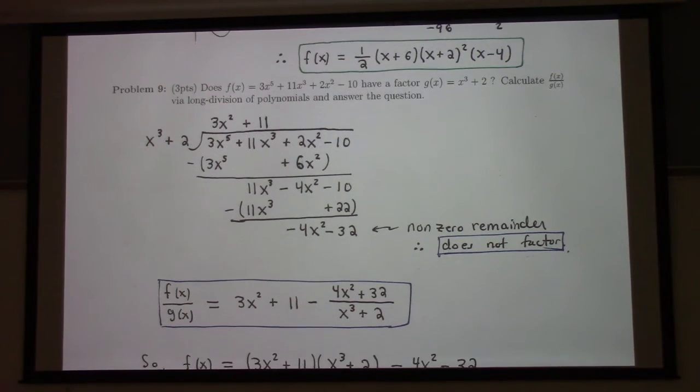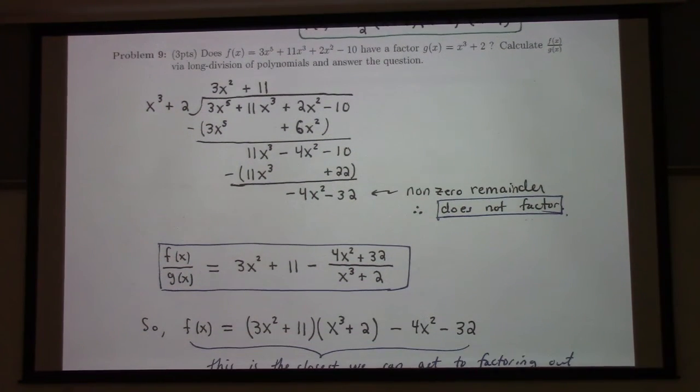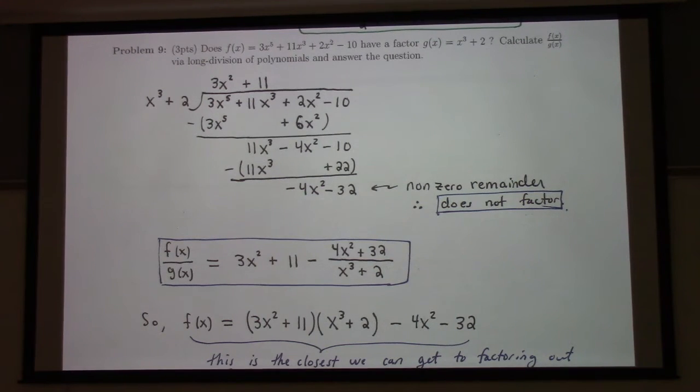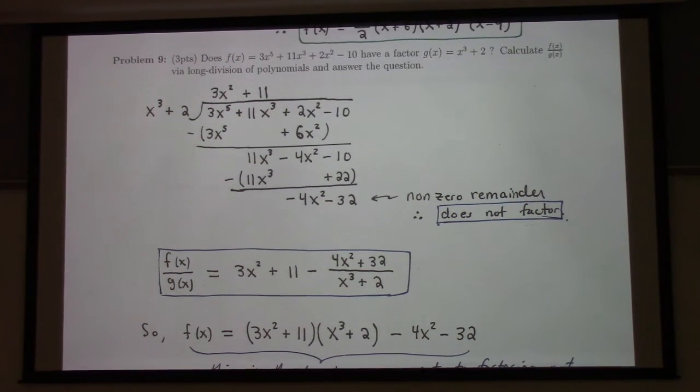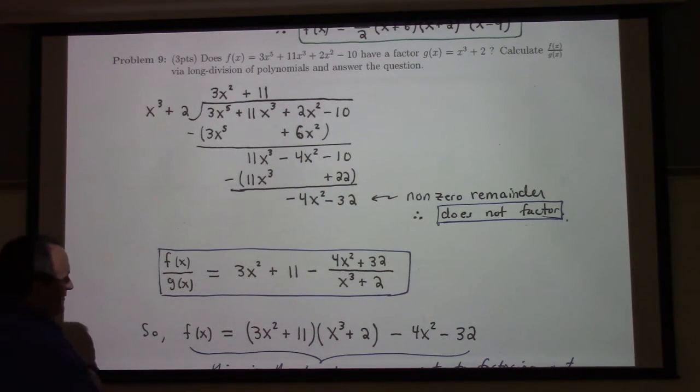And then finally, here's the last one. So we have f of x is 3x to the 5th plus 11x cubed plus 2x squared minus 10. The question is, does it have a factor of x cubed plus 2? All right. So that long division theorem I was talking about, really what I'm talking about is the remainder theorem.